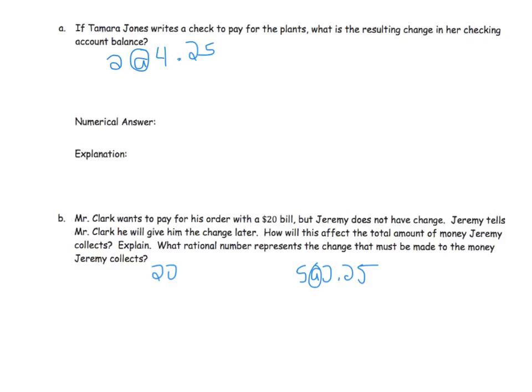All right, so first problem. If Tamara Jones writes a check to pay for the plants, what is the resulting change in her checking account balance? In other words, this is asking how much she owes. So this is just a simple multiplication problem.